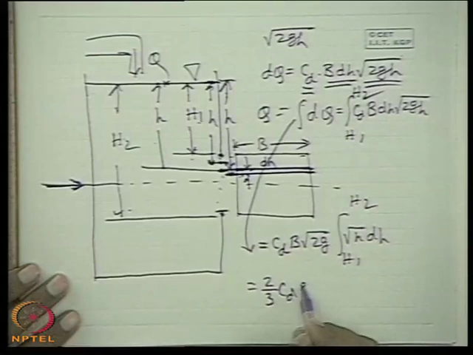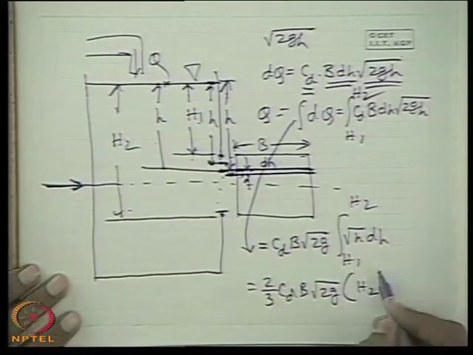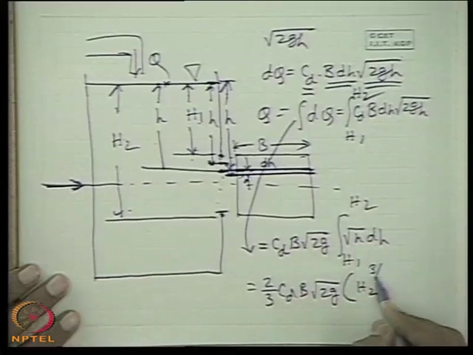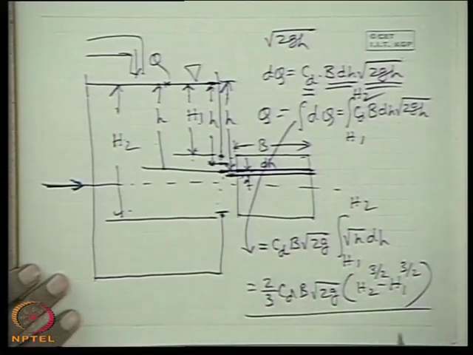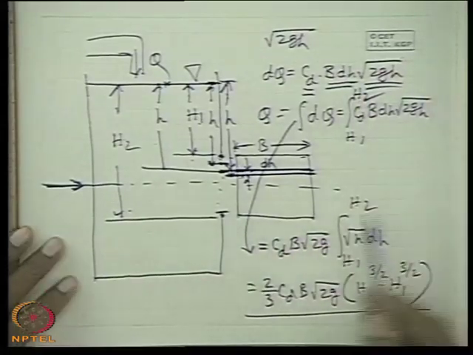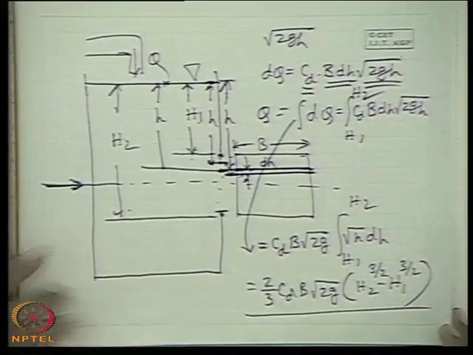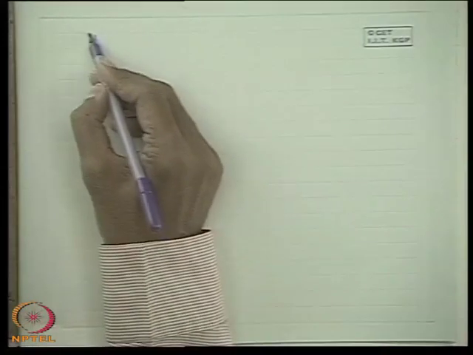It gives 2/3 CD B root over 2g into H2 to the power 3/2 minus H1 to the power 3/2. That is simple. The orifice is large. It may not be a rectangular orifice; depending upon its geometry, you can integrate accordingly. So this is the concept. Now another concept: what is meant by a drowned orifice.